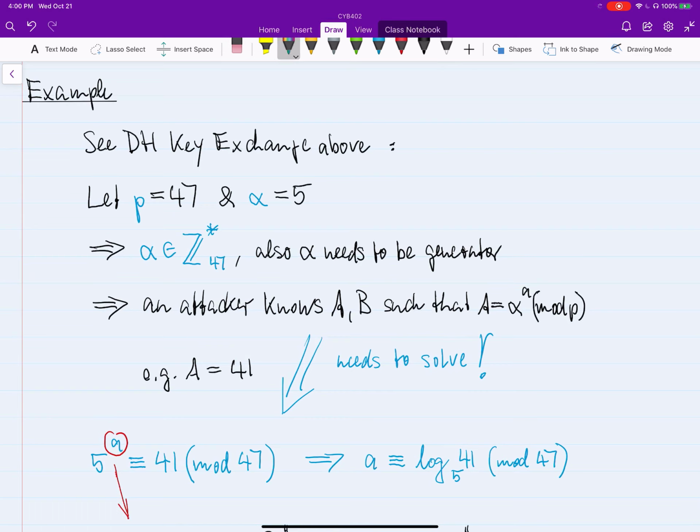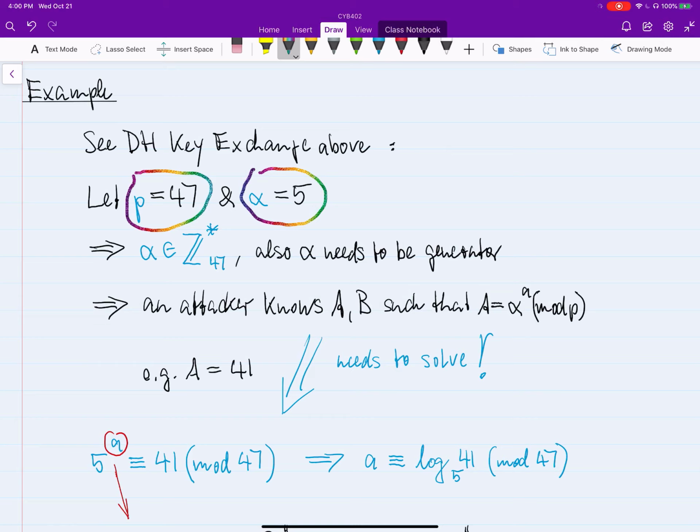So if we say, okay, our prime number is 47 and our alpha is 5, and remember alpha should be a generator. So of course alpha is an element of Z47 star.